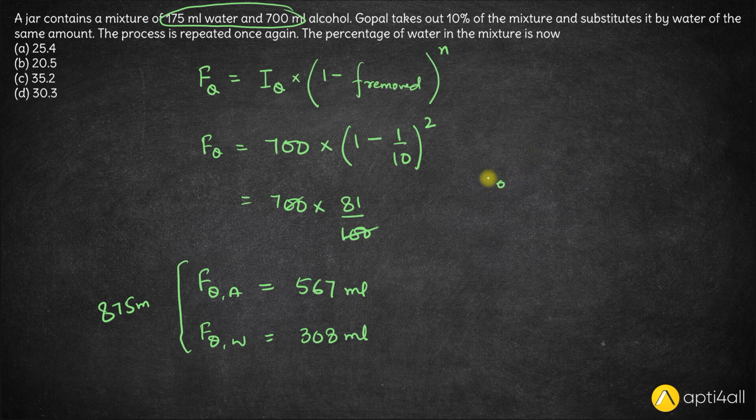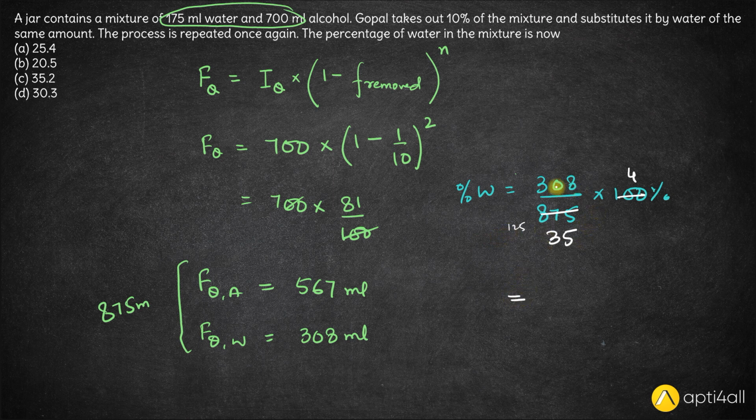So the concentration of water finally, what we need to calculate is the percentage of water now. So percentage of water finally is 308 ml of water out of total 875 ml into 100%. Okay. So this goes by 25, 4 times, this goes by 25, 3 times is 75, 125 which is 5.